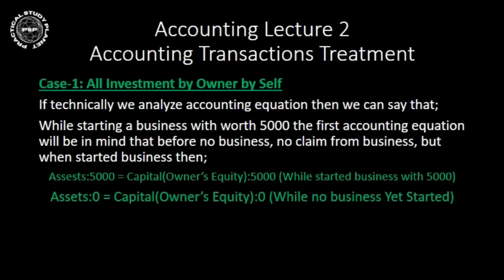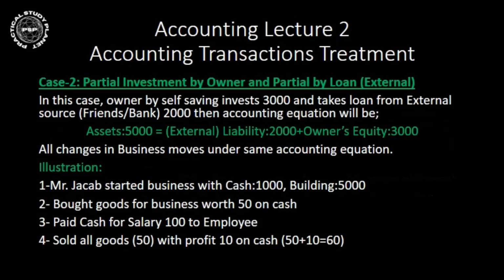So we will study it in two cases. Case 1 is an investment made entirely by the owner himself, not taking from outsiders. If we analyze the accounting equation technically, starting a business with worth 5,000: before the business there is no claim yet. When the business starts, the assets will be 5,000 and it is equal to the capital, the owner's equity, of 5,000.